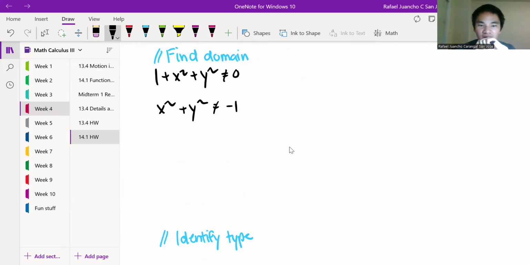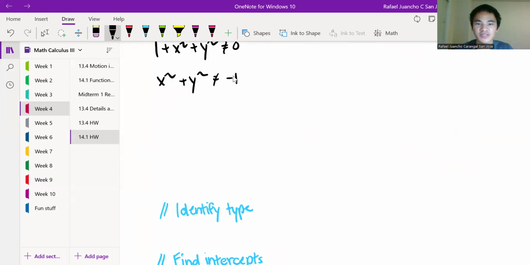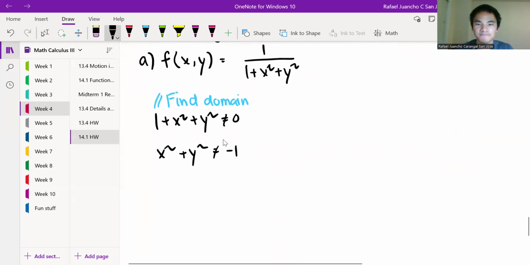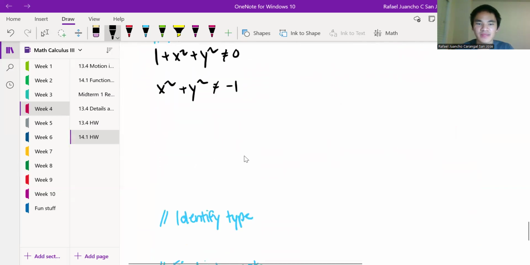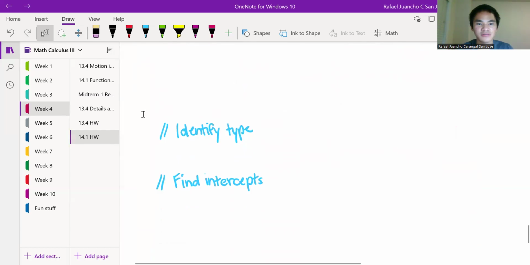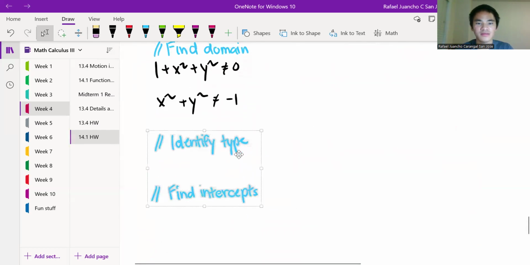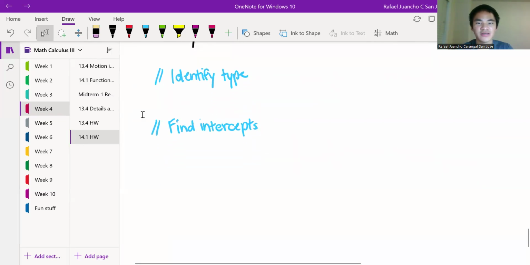What else can I say? This is an equation of a circle. It's kind of impossible to look at, right? There's no such thing as a negative radius. So maybe that won't work. Not super sure. Okay, maybe if we try identifying its type, maybe that will work.